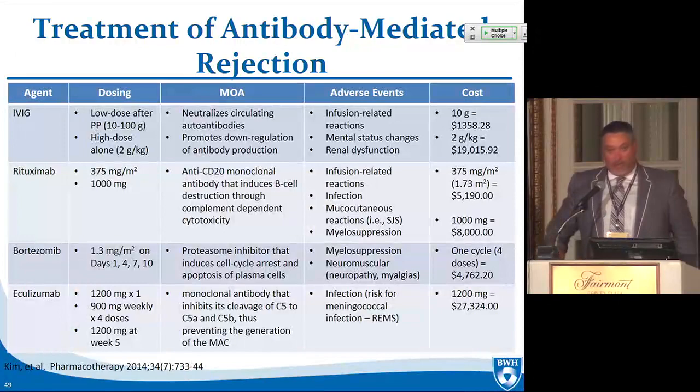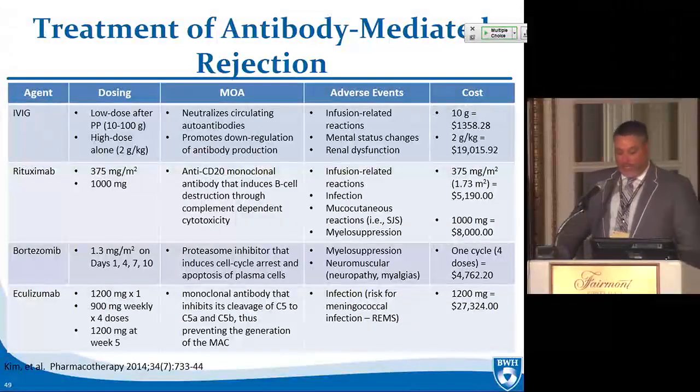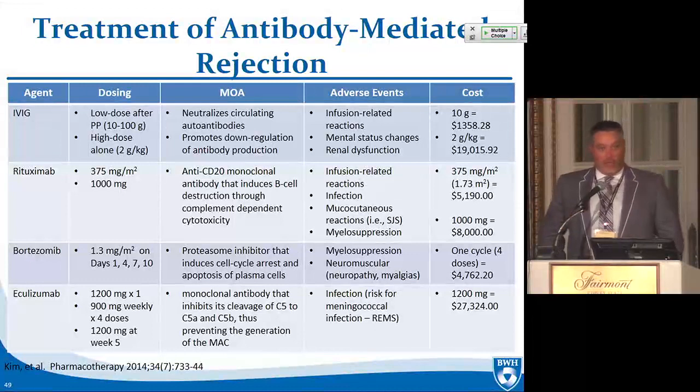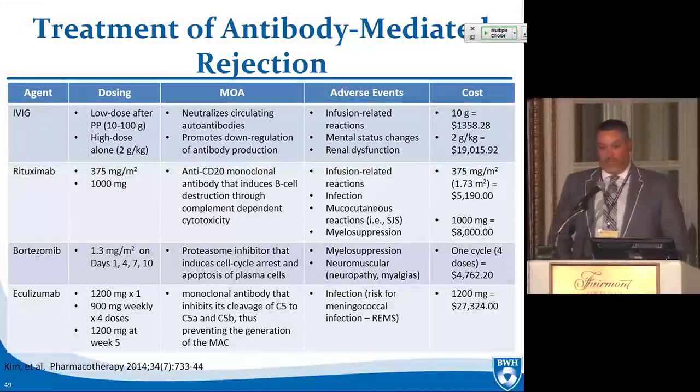So our quick summary, looking at IVIG, rituximab, bortezomib, and eculizumab. IVIG neutralizes circulating autoantibodies and induces a downregulation of antibody production. Dr. Azid mentioned rituximab works on memory B cells. Bortezomib is a proteasome inhibitor that induces cell cycle arrest and apoptosis of plasma cells.